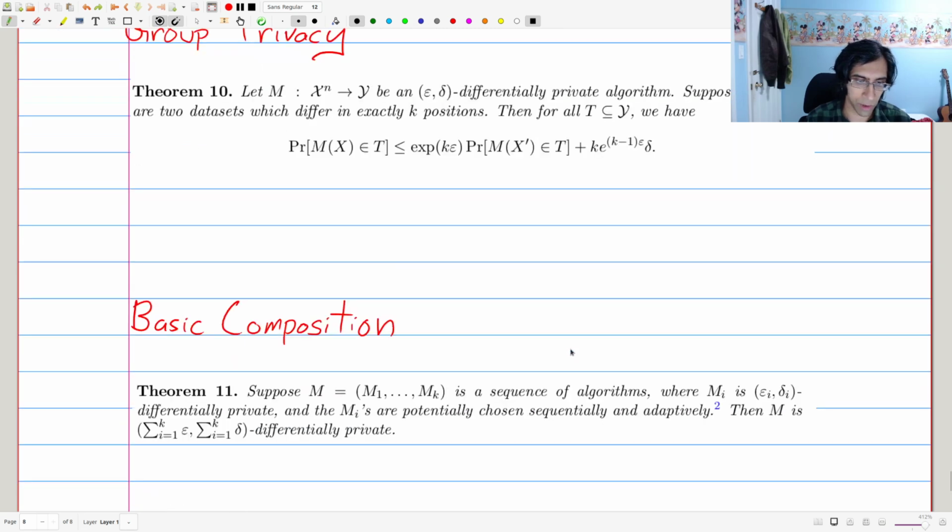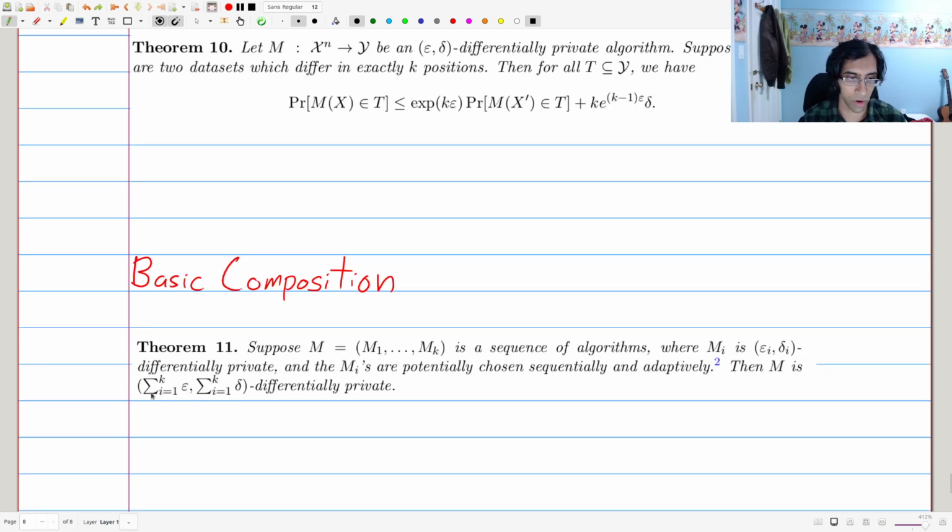And finally, the last property we'll mention is basic composition. Recall that we said last time, if you have a sequence of algorithms where they're all epsilon differentially private, then the result will be k times epsilon differentially private. Well, now we say if they're epsilon_i, delta_i differentially private, then the overall output of outputting all k things which are done on the same sensitive database, the overall thing will just add up the epsilons and add up the deltas.